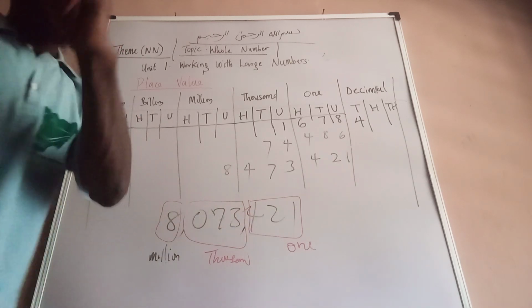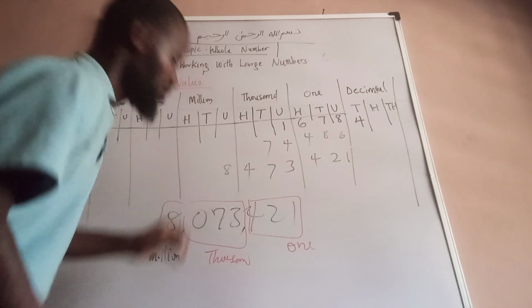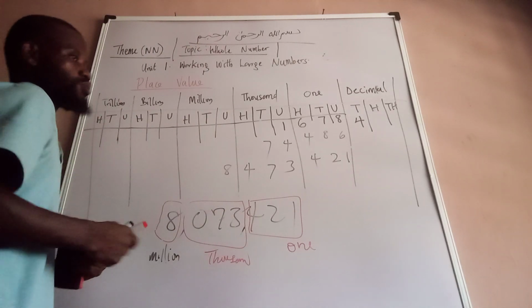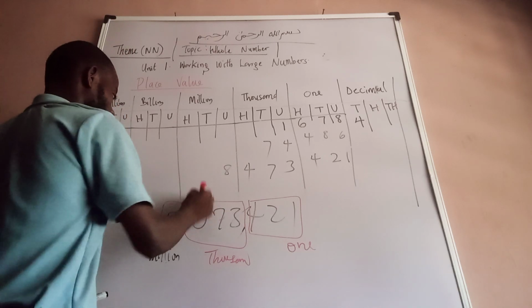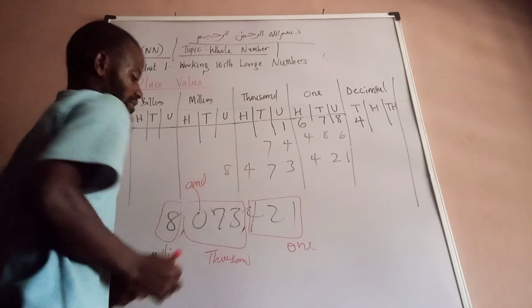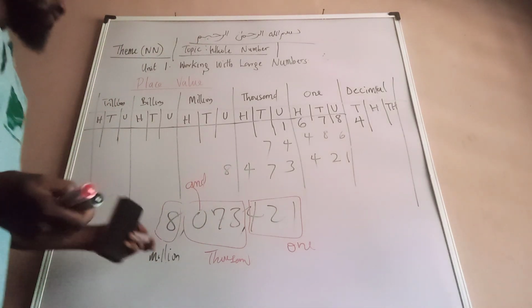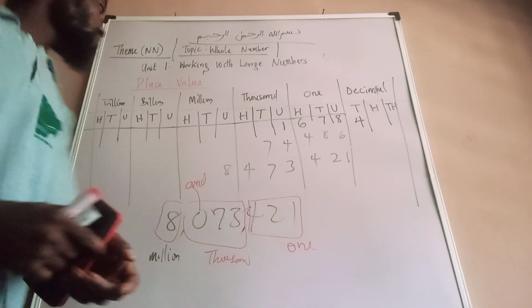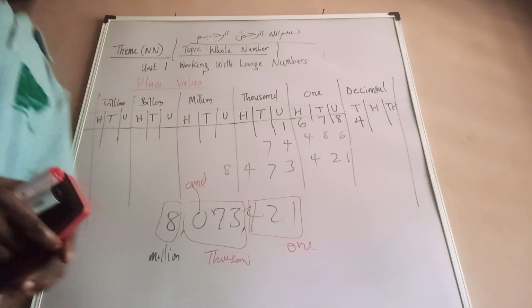8,073,421. But one thing is that because of this 0, you must do something. When you see 0 inside any of these things, you must change this 0 to what? To "and." 8,073,421. Because of this 0, "and" must come in.